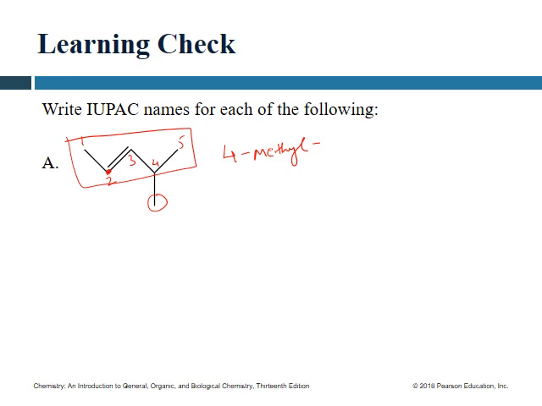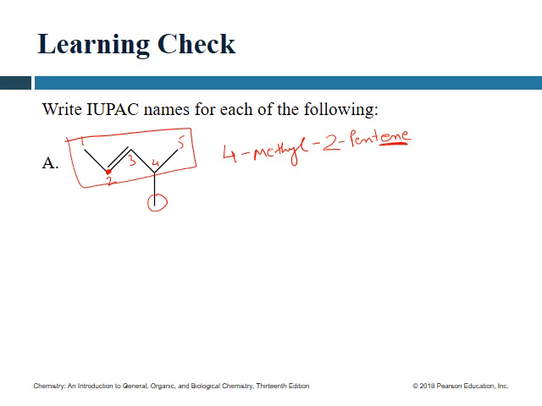You have to specify where the double bond is situated in the compound. So you write the location of the double bond, 2, and then you have 5 carbons, pent, and then ene, because this is an alkene.